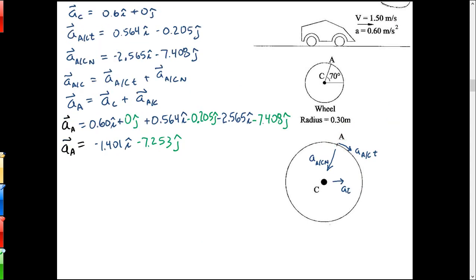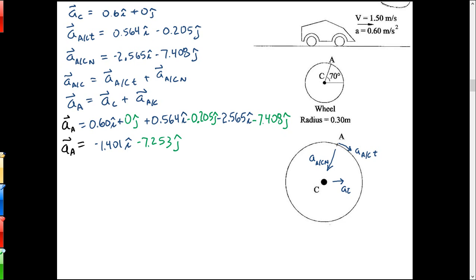So AC is 0.6i plus 0j because the wheel is just accelerating to the right at 0.6. That's the acceleration of that center point, the axle. And then I look at how A rotates around that, and I've got that as a vector. So all I've got to do is add everything up. I add up all the i's, and I get negative 1.4i, and I add up all the j's, and I get negative 7.25j.